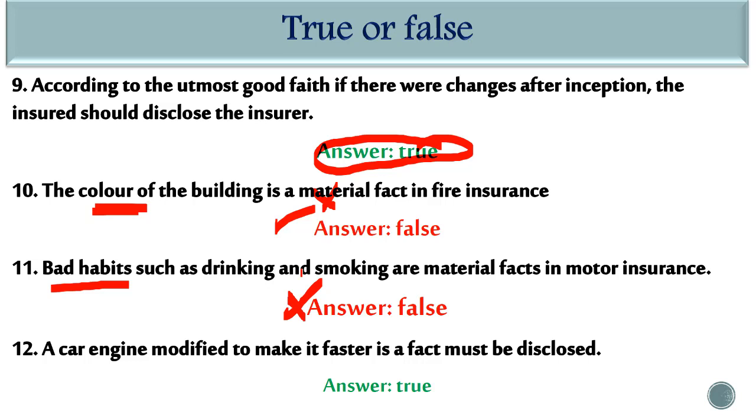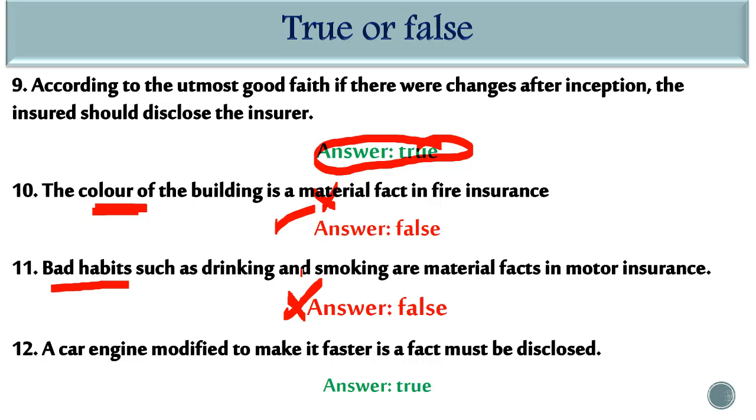Number 12. A car engine modified to make it faster is a fact that must be disclosed. Facts that must be disclosed are a full description of the subject matter of insurance, such as the construction of the building or its location, previous accidents and loss, previous insurance and claims, any other current insurance policies, if any other insurer has earlier declined to insure the property and why, and any facts that may increase the degree of risk above normal.